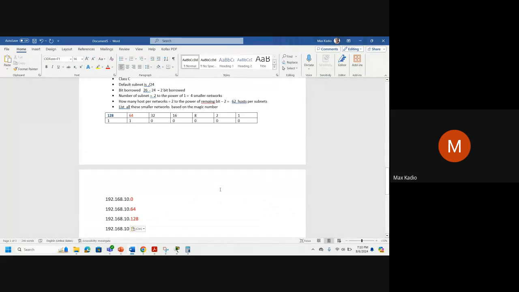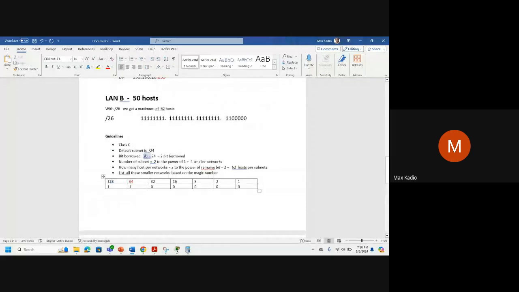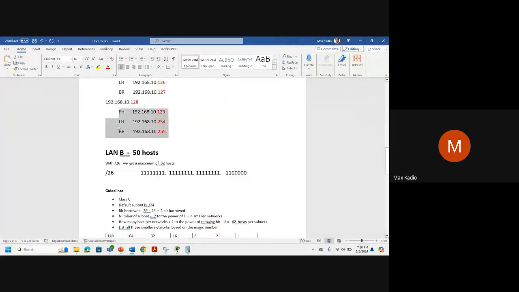Must use a calculator to avoid making mistakes. You see, these are our 4 smaller networks. And per smaller network, we have 62 hosts. From here, you can do your same thing. First valid host, last. You know how to do that now.